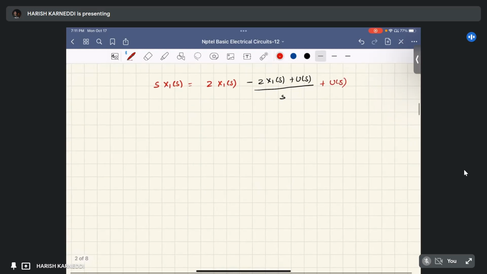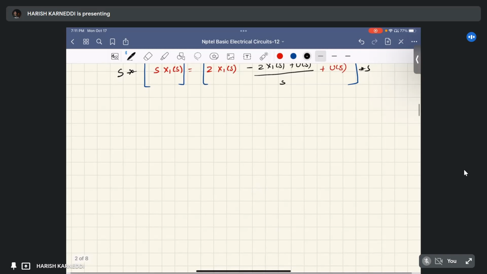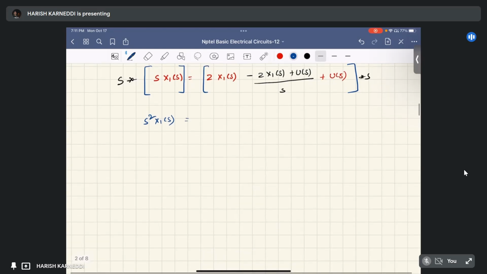Now you can multiply both sides by s, so the equation becomes s square x1 of s equal to 2s x1 of s, because s into s is s square.